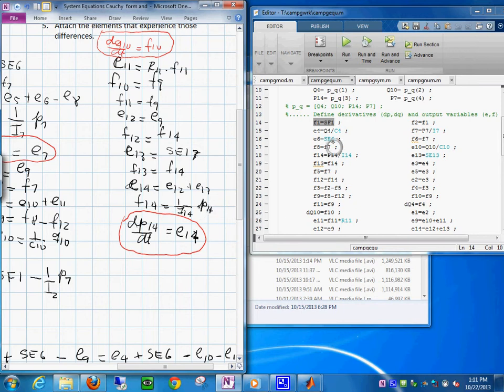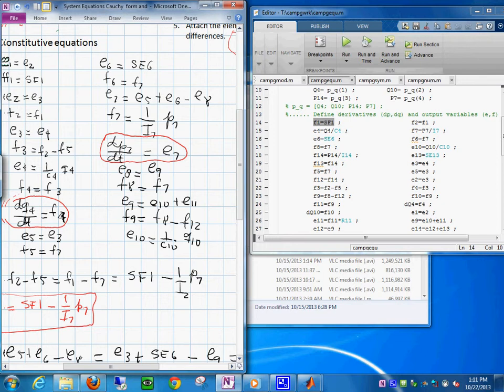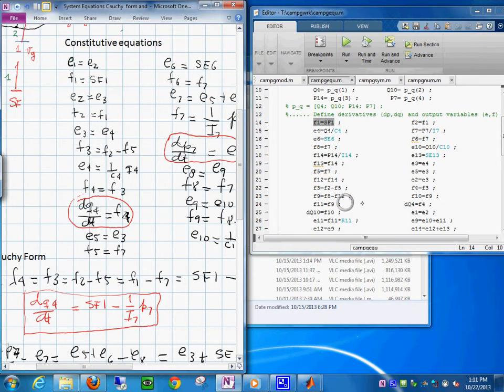But now this one right here produces the equations in this other form, in the Cauchy form. See this equation right here that you see is going to be the equation dq sub 4 dt. That equation highlighted is this one.